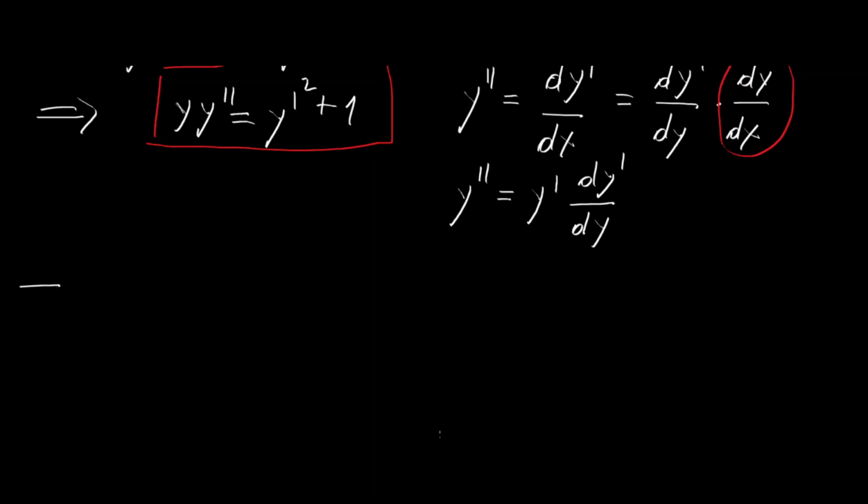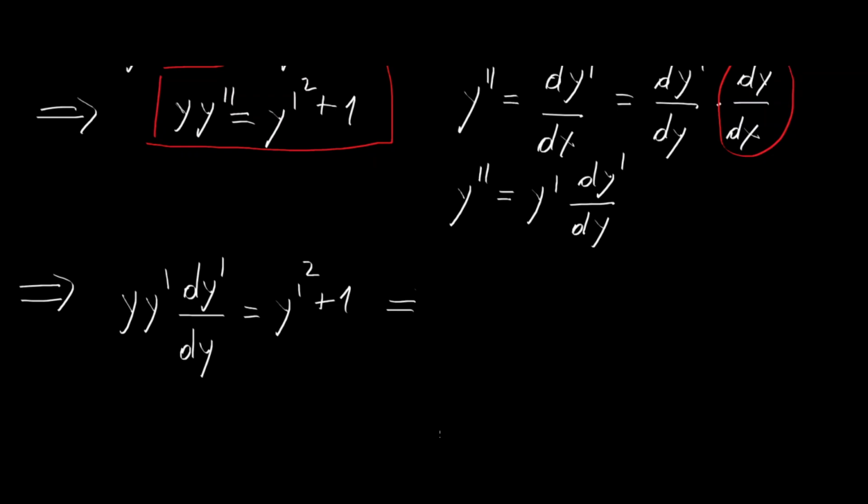And so our equation can be written as follows: y prime dy prime divided by dy equals y prime squared plus 1. And this latter equation can also be rearranged in order to write a separable variable differential equation as follows.